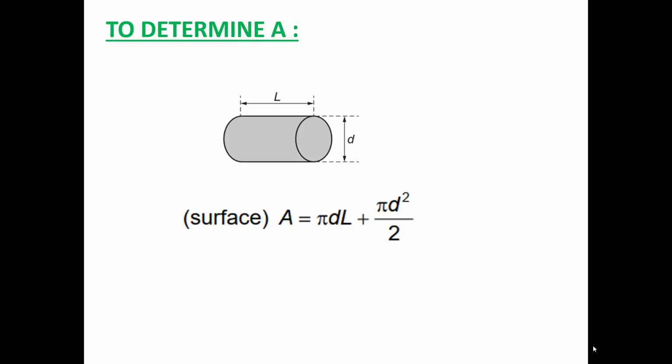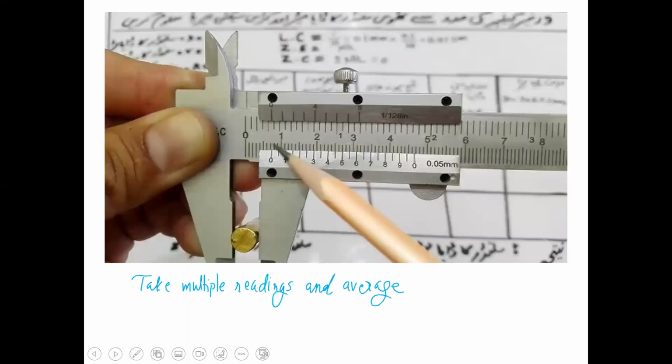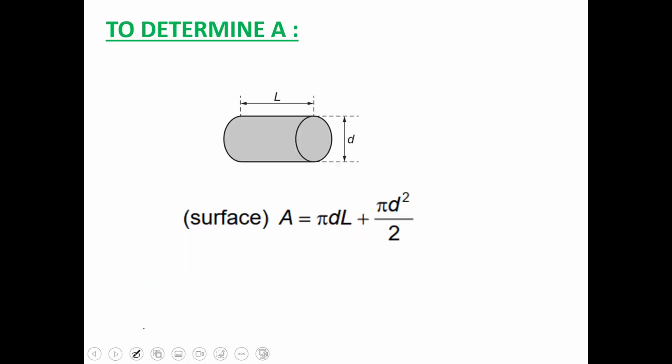The total surface area is the curved surface area plus the circular area, which is the base of the part. So there are two areas in a cylinder. The total area means curved surface area plus circular area. So keep all these things in your head.